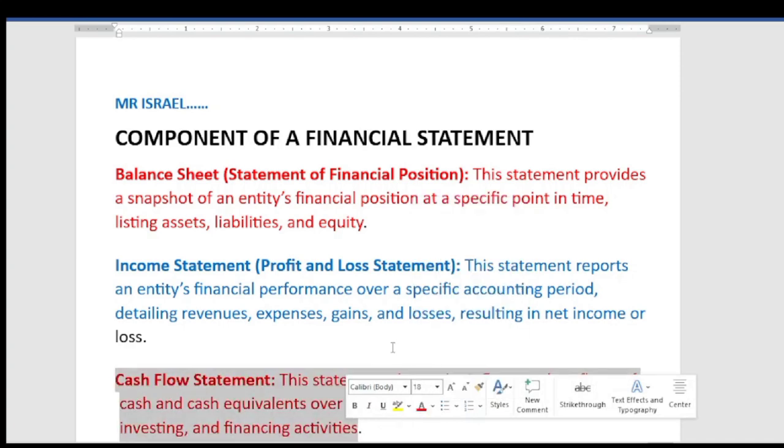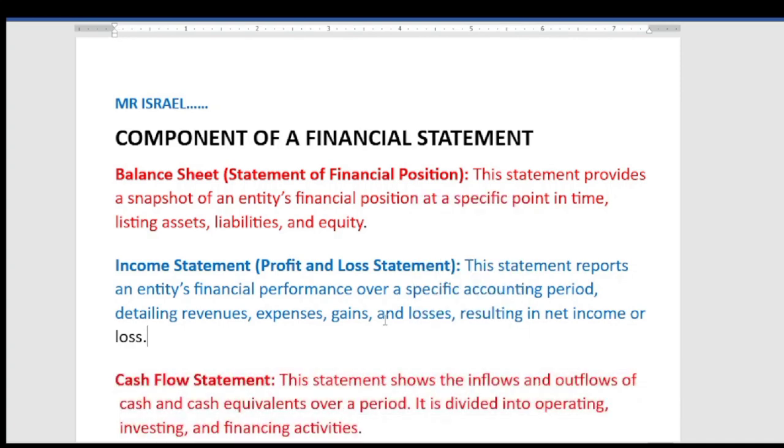Cash flow statement. This statement shows the inflows and outflows of cash and cash equivalents over a period. It is divided into operating, investing, and financing activities. Now, cash flow is one of the components of financial statements. It monitors what comes into the organization, the inflow, and the outflow from the organization.